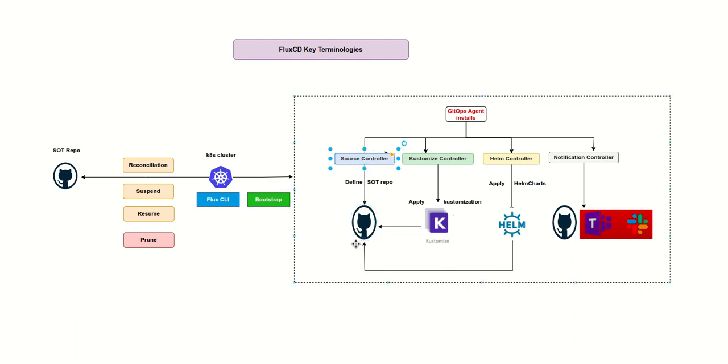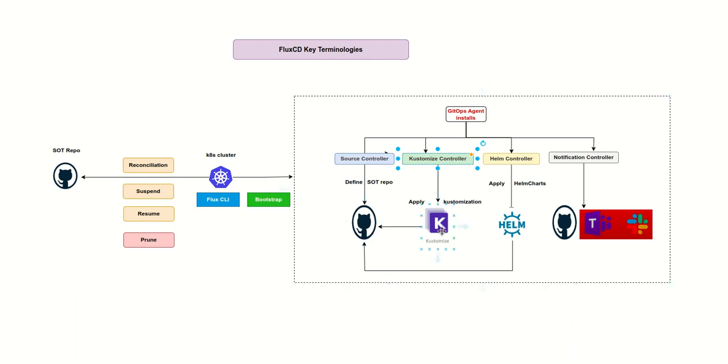Once we define our source, then it comes to the kustomize controller. Let's say in our source of truth we declare our manifest files using the kustomize approach, then it is the responsibility of the kustomize controller to apply this kustomization on the environment. And likewise for Helm charts.